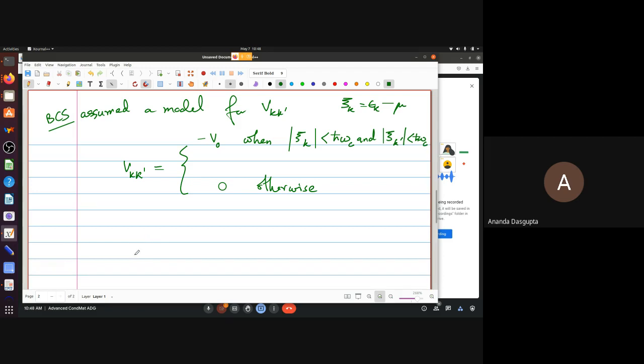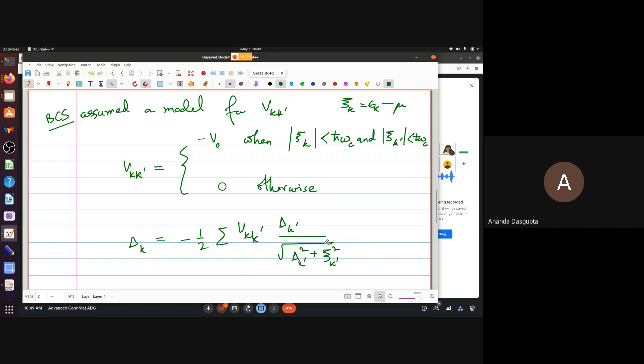Now for this particular V k k prime, let's look at the equation for delta. Delta k, let me remind you once again, is this equation: minus half sum over k prime of V k k prime delta k prime by square root of xi k prime square plus delta k prime square.